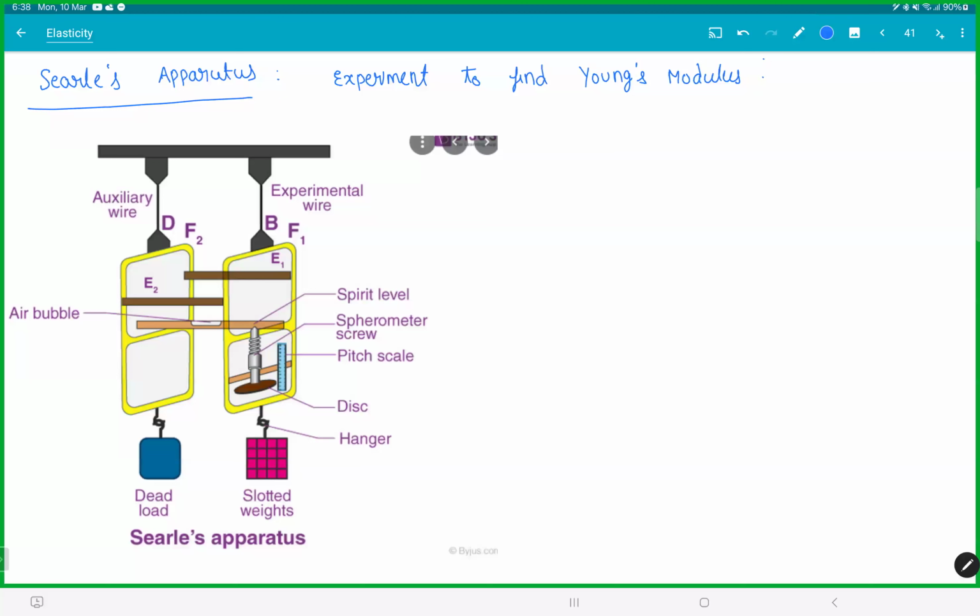If I had to give you a simpler diagram, this is what they do. The idea is pretty straightforward. You take a wire here, the auxiliary wire. This is your constant weight M. On this side you don't do anything. On the right side, you keep the experimental wire.